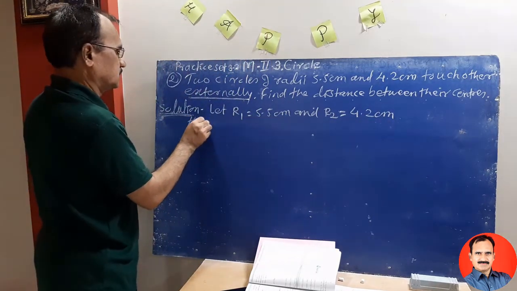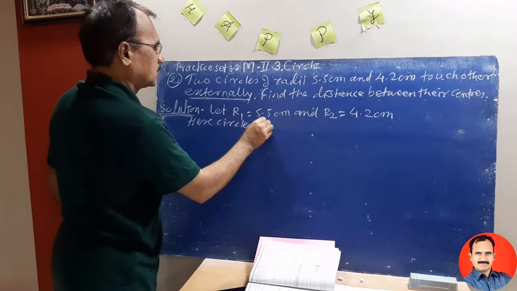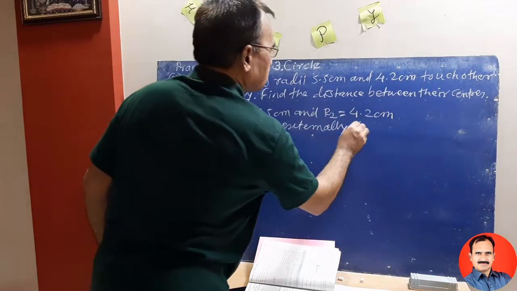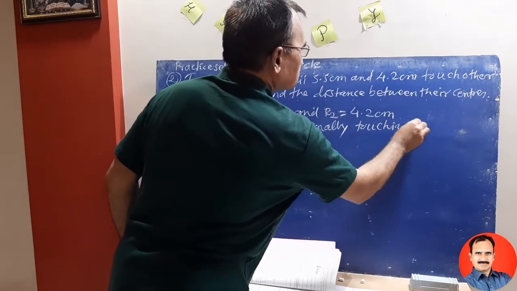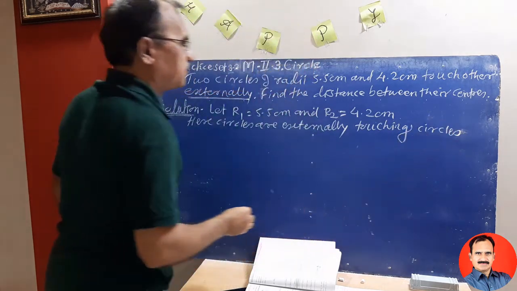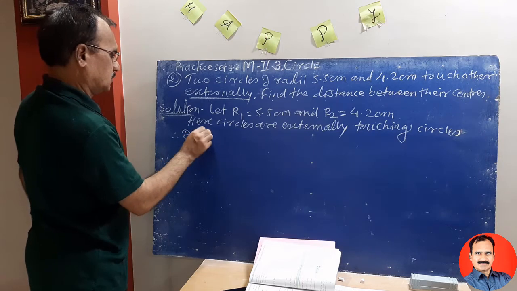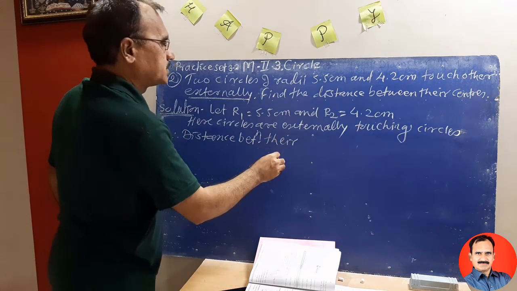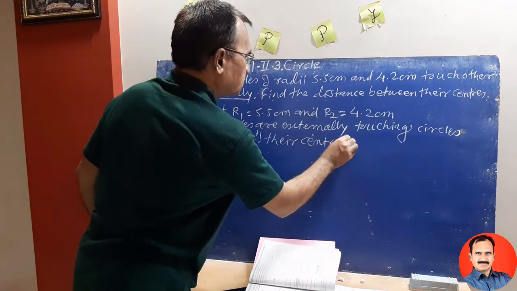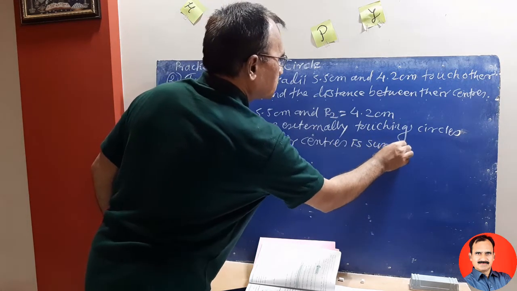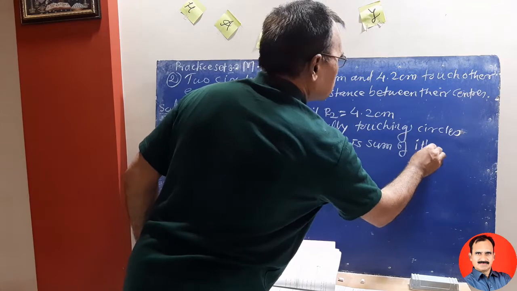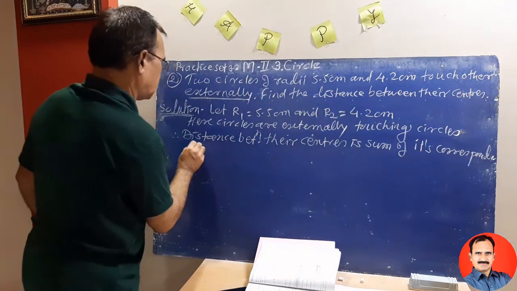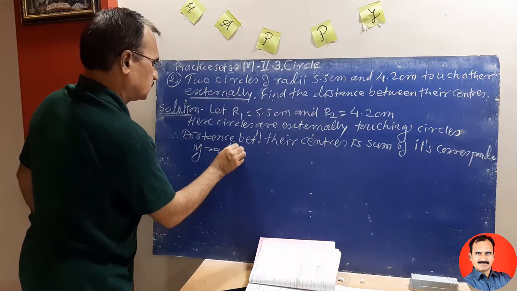Here the circles are externally touching circles, and therefore the distance between their centers is the sum of the corresponding radii.